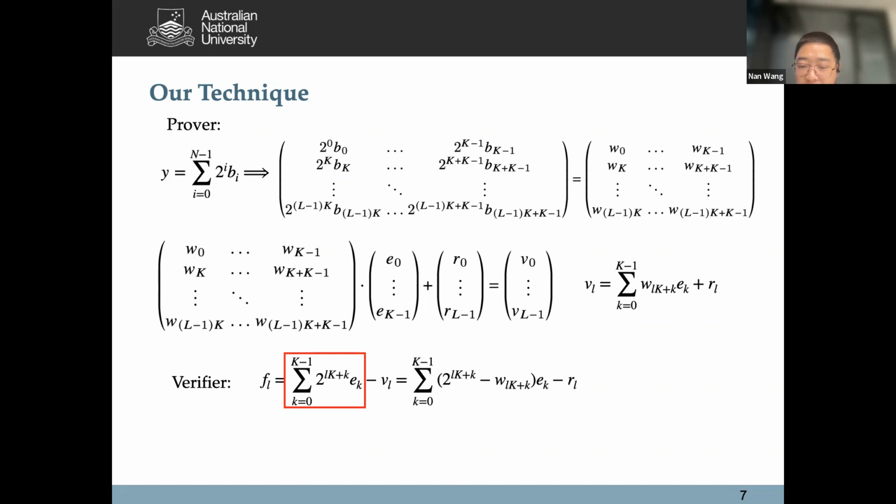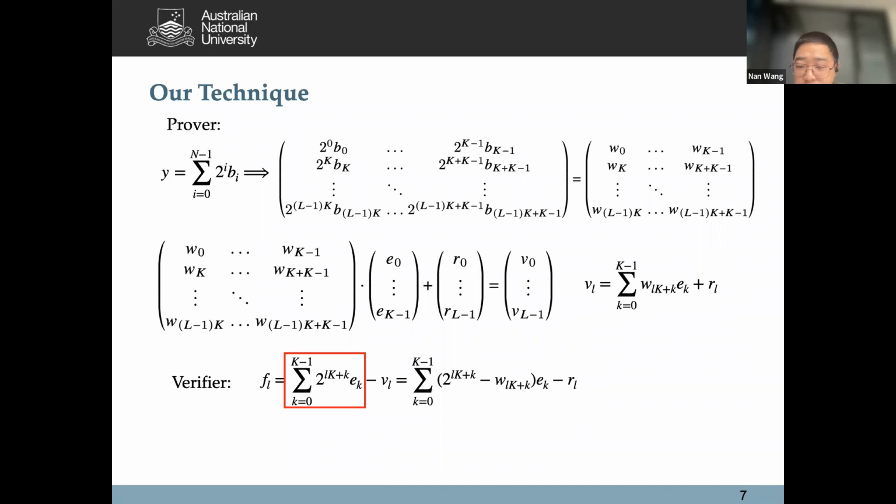In the third round, after obtaining a random challenge vector e_0 to e_{K-1} from the verifier, the prover generates a vector of random numbers r_0 to r_{L-1} to compute the vector v_0 to v_{L-1}.